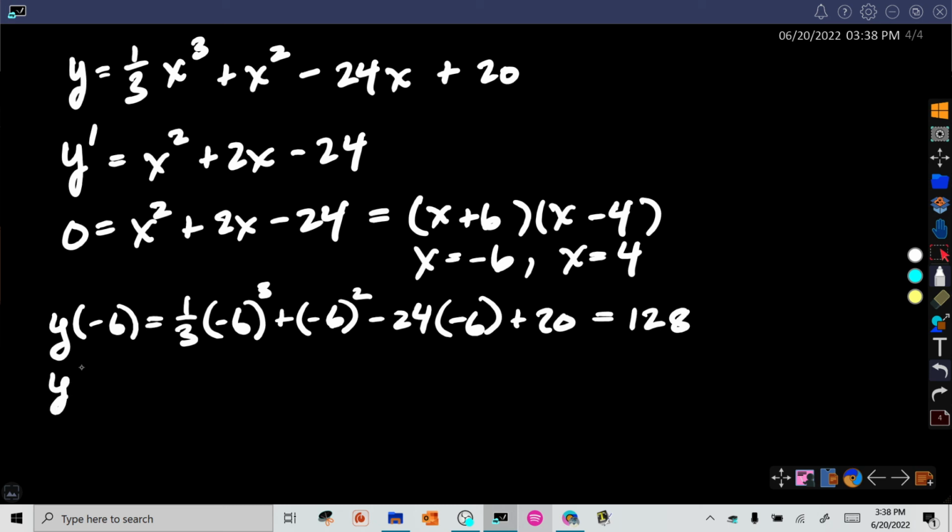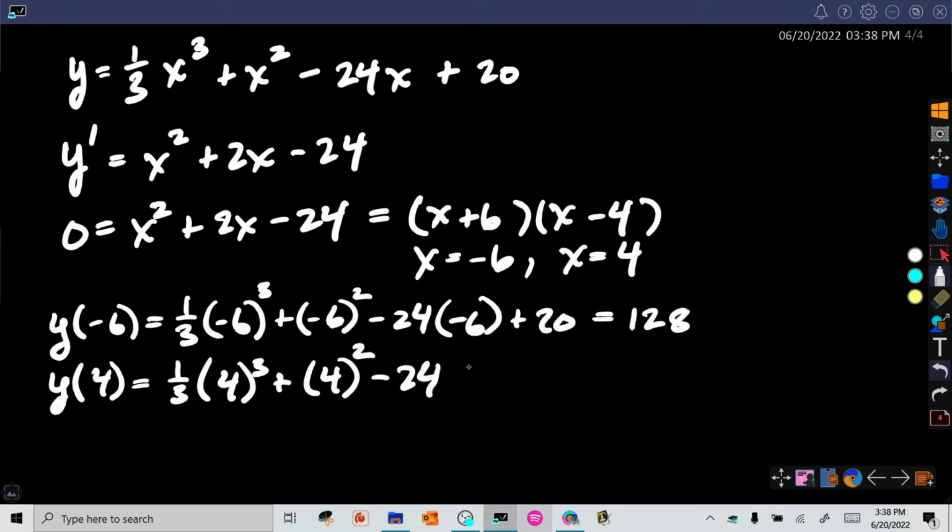Now if I do the same thing for 4, 1/3 times 4 cubed plus 4 squared minus 24 times 4 plus 20. Again, I'm not going to bore you. This one's actually a little trickier. It's going to be minus 116 all over 3. So fun.